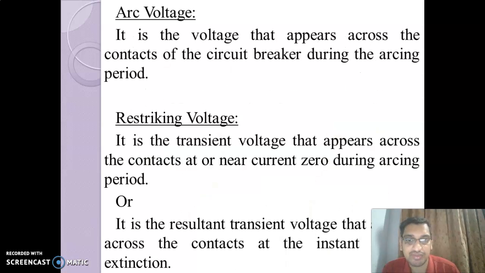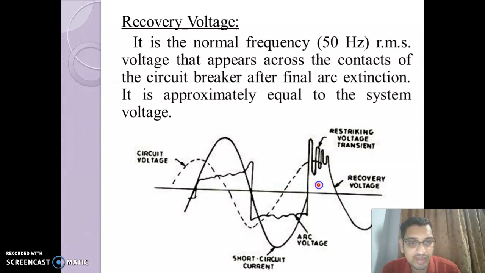What is restriking voltage? It is also the voltage between the contacts at or near the short circuit current zero point. From the figure we can see that this is the current zero point. Here the short circuit current is generated, this is the first current zero point, and this is the second current zero point.